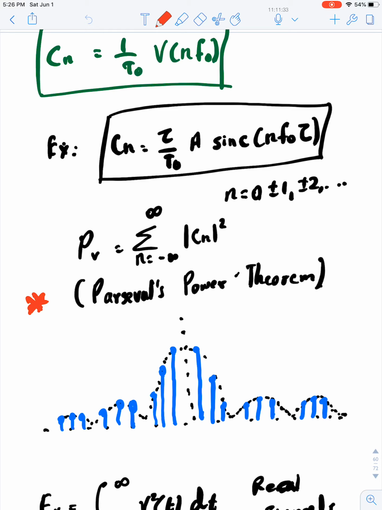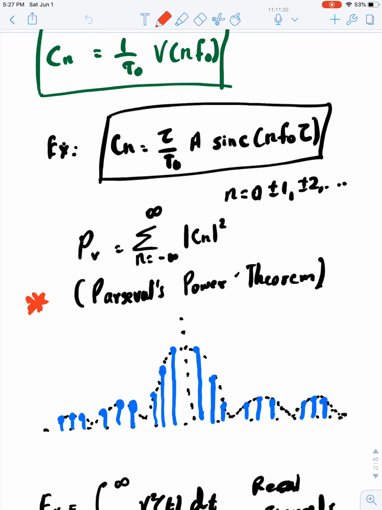Come on, man. What the hell? Let me see. You just put in some effort and then you're like, okay, let me just take my phone. Where did this thing come from? Purcell's power theorem, negative infinity to infinity, Cn square.